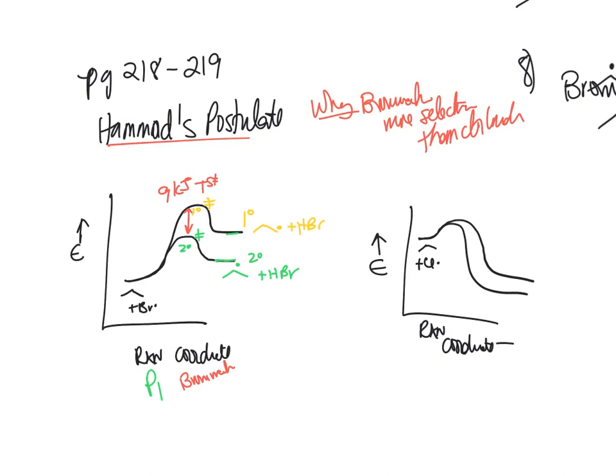Okay, so if we do the same thing here with chlorination, and we say this is our secondary transition state, and we get HCl, secondary, and then here this is our primary, the energy difference between these two is about 4 kilojoules.